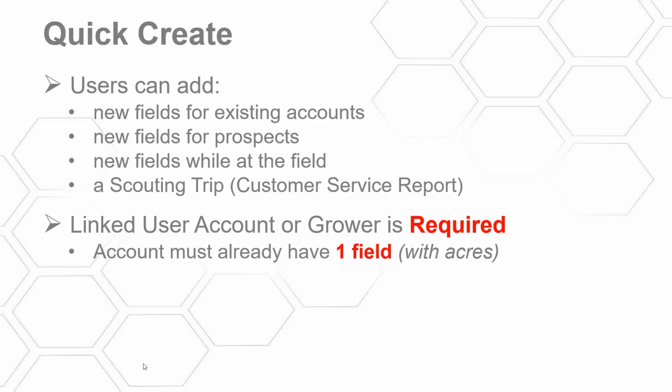So if in your Advantage Acre main list on your main screen, you see an account and it says 0 acres, somebody new you've added this year and they haven't done anything yet, you would not be able to add their fields from scratch until you put one field in to go with. That can be a throwaway field or a dummy field that you're going to get rid of later. You can always add a field, and if you don't put records into it, you can easily delete it. But that has to be in there before you go out to add the field in from scratch.